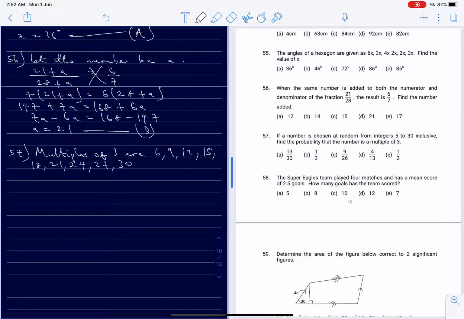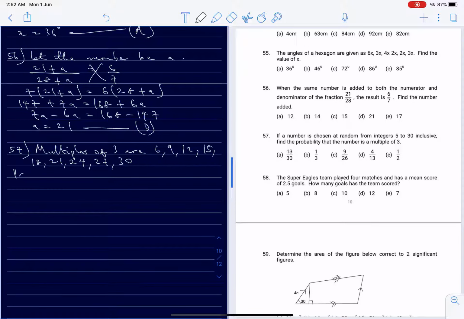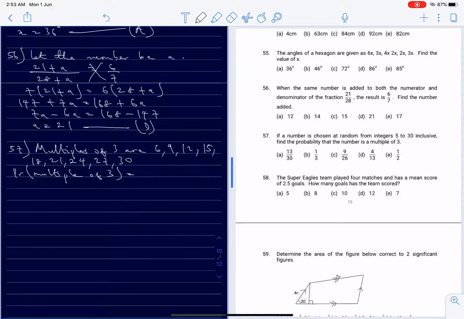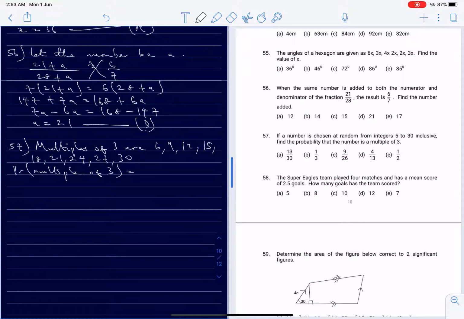So the probability that the number is a multiple of 3 is equal to the number of multiples of 3, and that's 1, 2, 3, 4, 5, 6, 7, 8, 9.